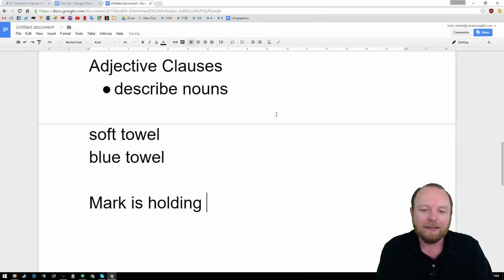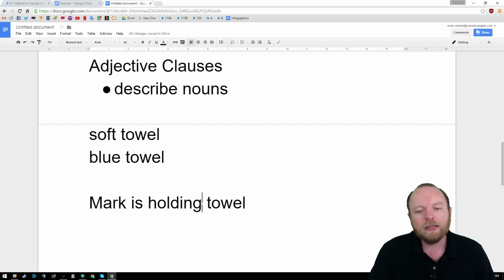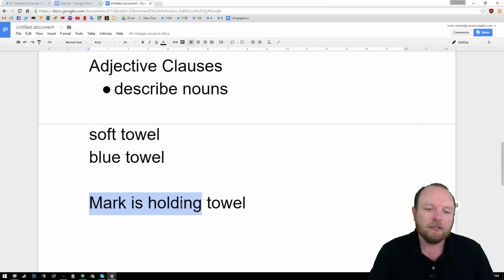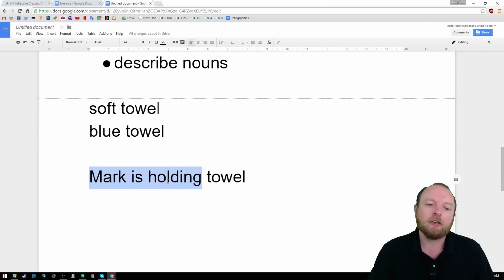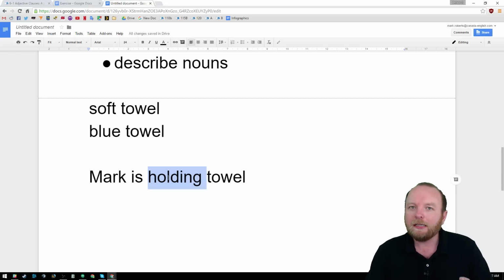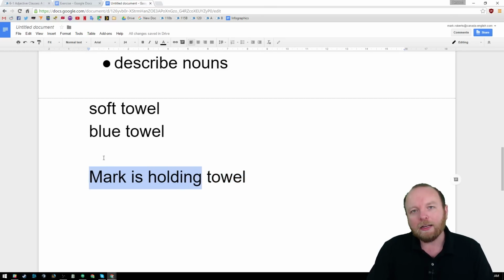We can't say Mark is holding towel. It's just bad English, okay? So do you understand? We want to use this information to describe towel. Now look at this information. Subject, verb. This is a clause, and this clause is describing a noun. So we need an adjective clause, okay?